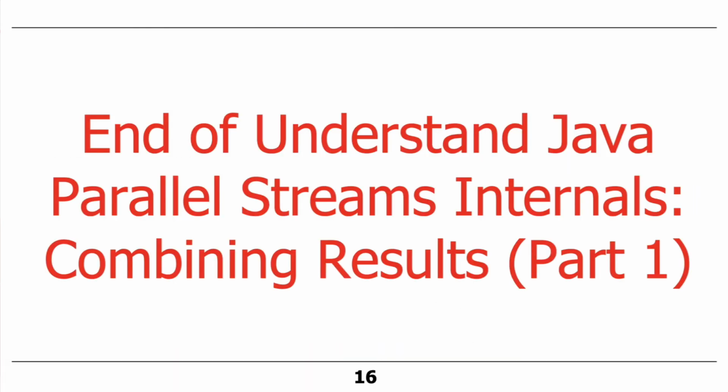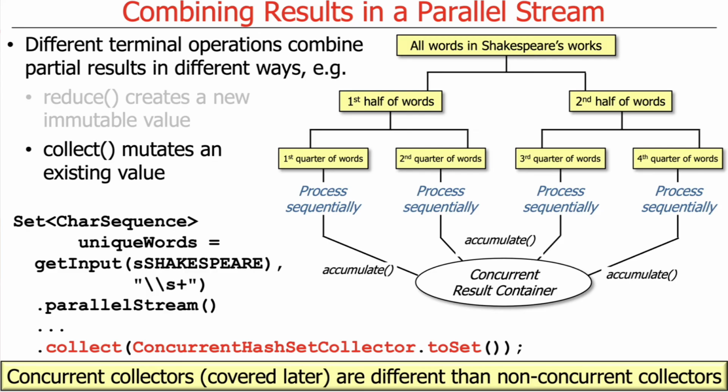It's pretty cool. So this is just a quick overview of the internals of parallel streams as it relates to combining results. The key thing to remember from this discussion is that whether you use concurrent collectors or non-concurrent collectors, things are collected together mutably, so you end up with a single result which contains whatever is the right data structure for the designated collector factory.